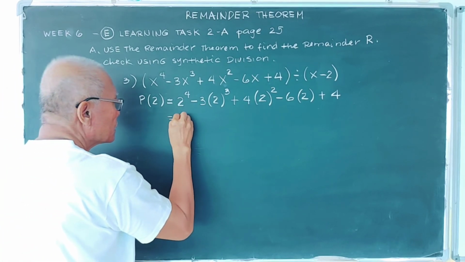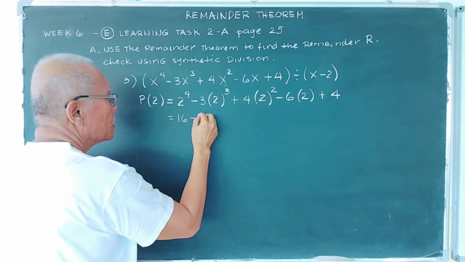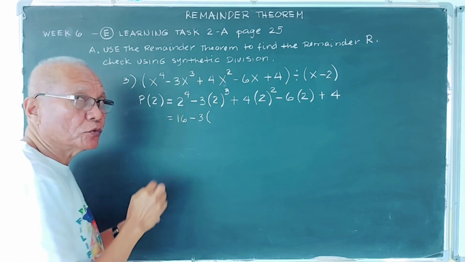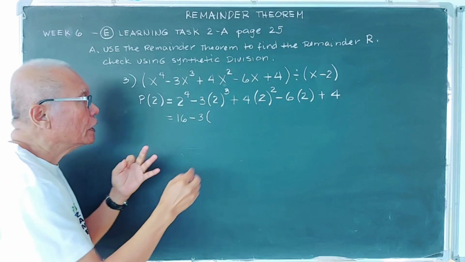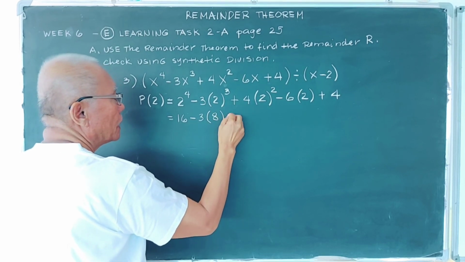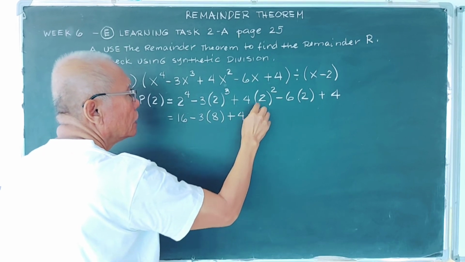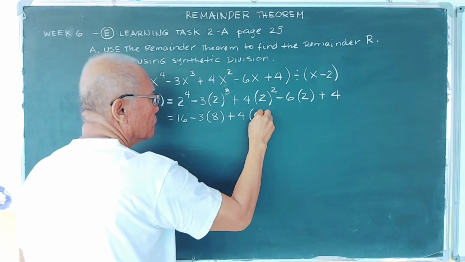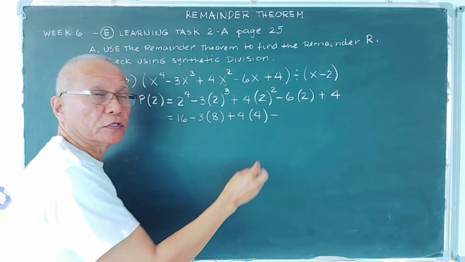So, ito ay 16. And then, minus 3, kopya, wag ita-times sa 2. 2 cube. 2 times 2, 4 times 2 ay 8. So, ito ay 8 plus, kopya ulit yung 4, 2 square. 2 times 2 is 4. Minus 6 times 2 is 12.